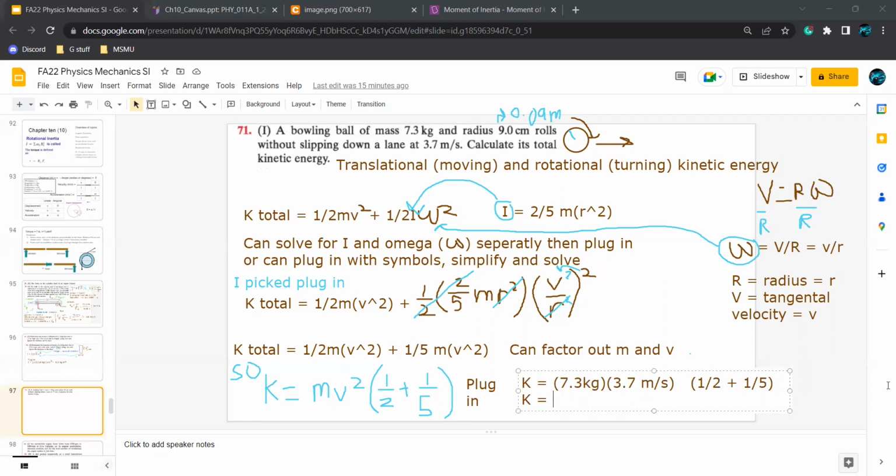And that gave me 69.96. Newton meters, so that's about 70 joules.